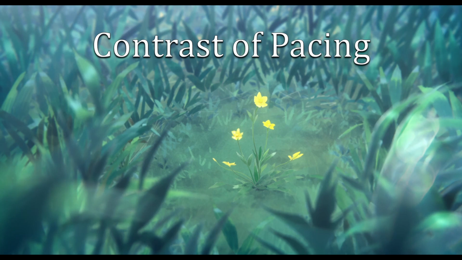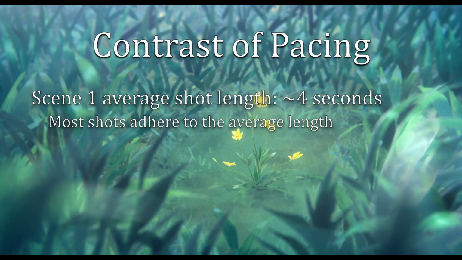I also want to mention one final aspect that this scene helps to set up and that scene 2 contrasts with. The pacing in this scene is pretty regular, with almost every shot adhering to the average of 4 seconds, plus or minus a second.